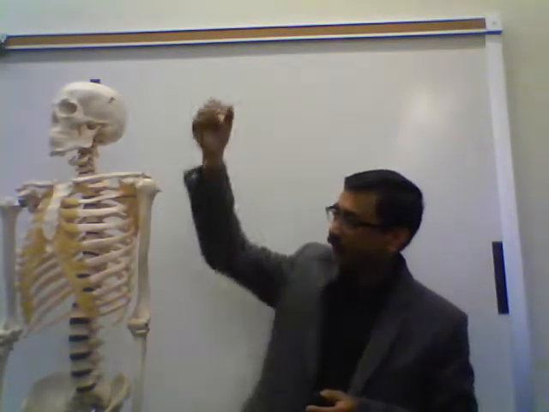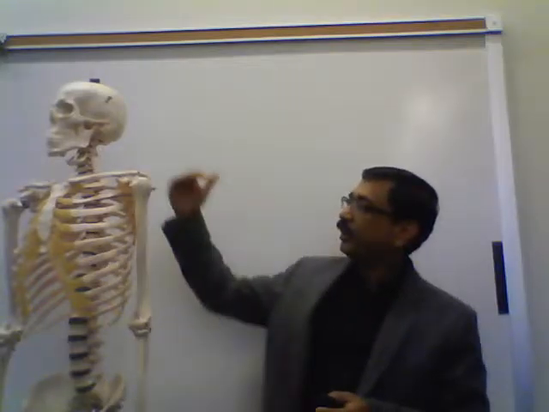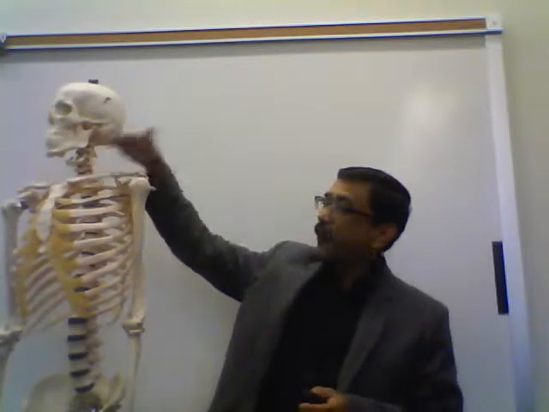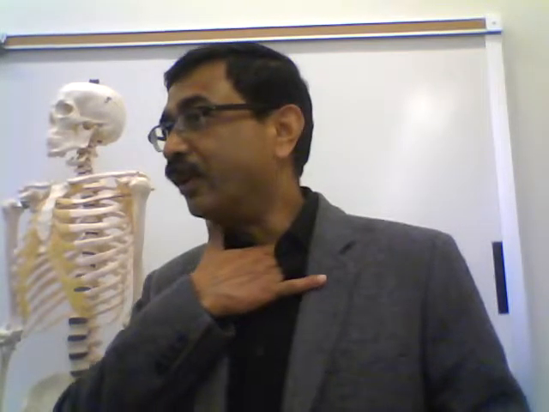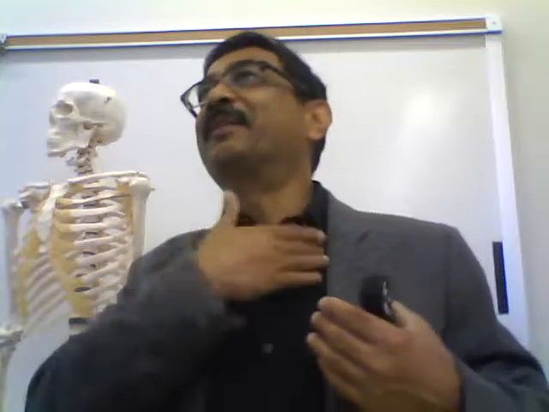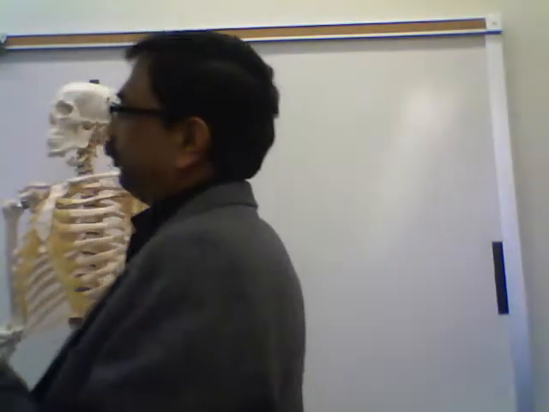Most of the long bones are this way in your body, and the clavicle is also called the collar bone. In females, it is also called a beauty bone because you will see girls sometimes wear open shirts that show the collar bones, celebrities. So, collar bone or beauty bone.